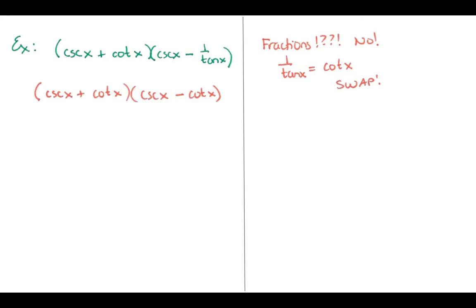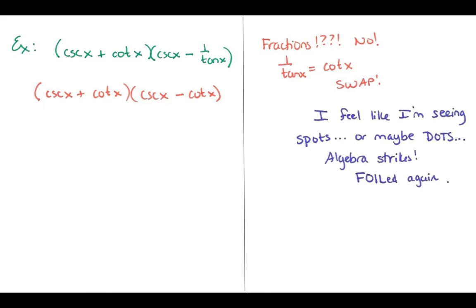Now, in looking at this, my brain started to think this looks vaguely familiar. There's something about this arrangement of things with the parentheses, with the plus, with the minus, that seems vaguely familiar. And so I'm like, maybe I'm seeing spots, or perhaps not spots, but dots. Difference of 2 squares. It's algebra. So the secret is that I have to FOIL again.